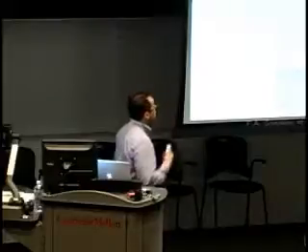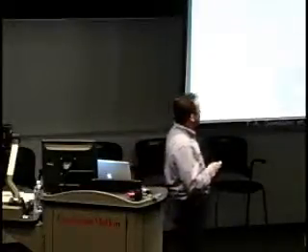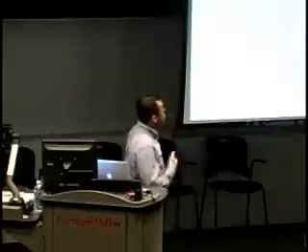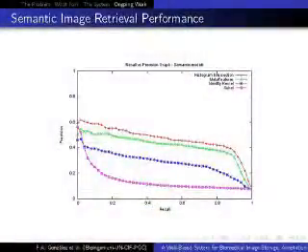Here we use machine learning to annotate automatically. We have labeled images and annotated images. We use those to train machine learning algorithms and to have a semantic representation of the images, so we can retrieve images using this semantic content.